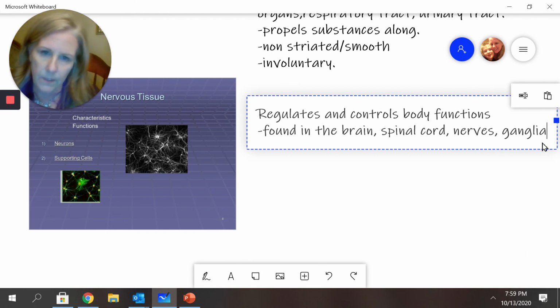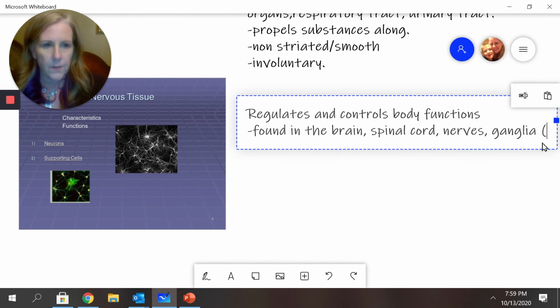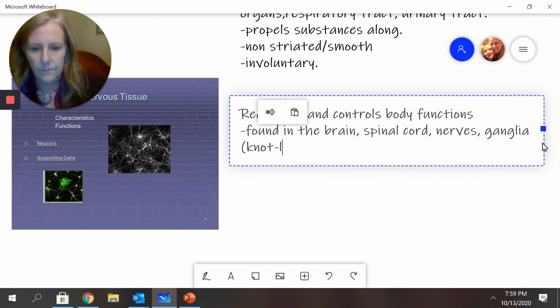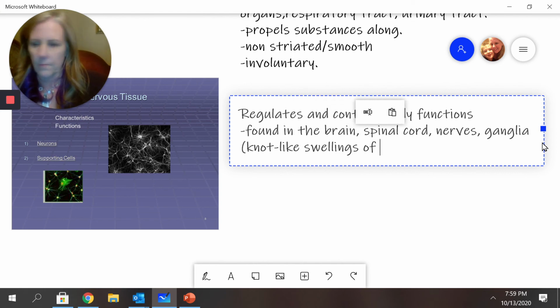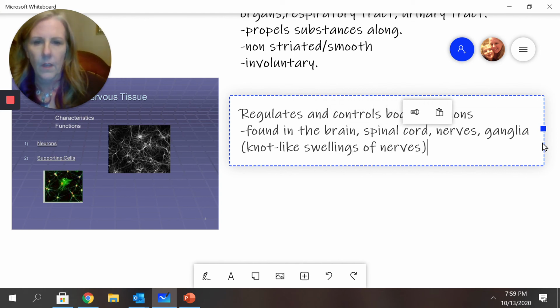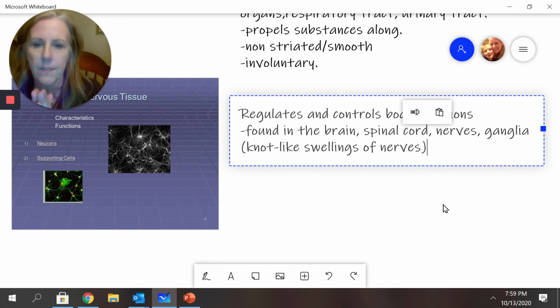Now, you may have covered ganglia in lab so far, but an easy way to remember what ganglia is: they're like swellings of nerves. So we have our nerves, and then we have this ganglia. Ganglia kind of look like a big mangled bunch of nerves, basically, and we call that a ganglia.